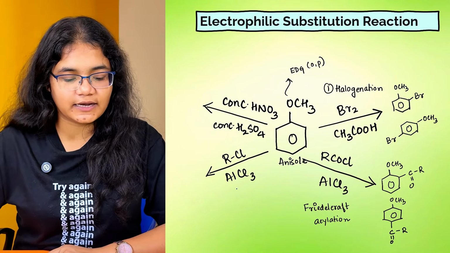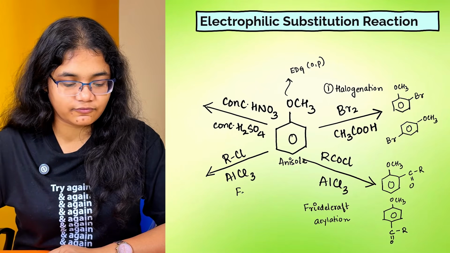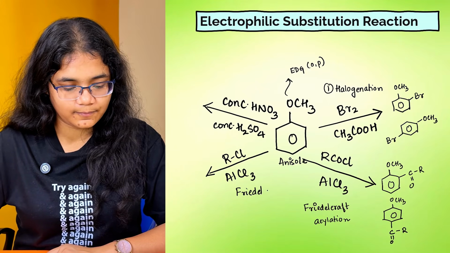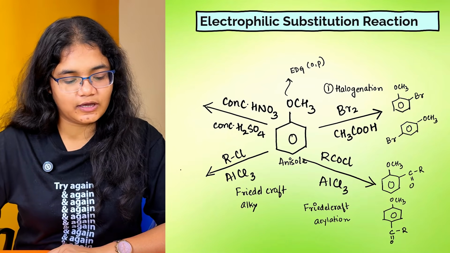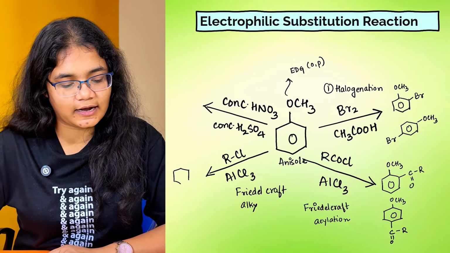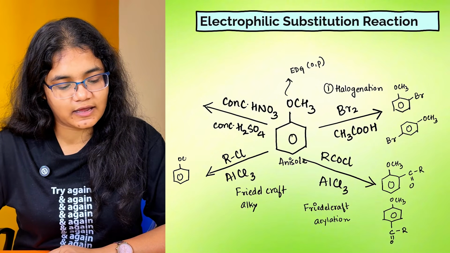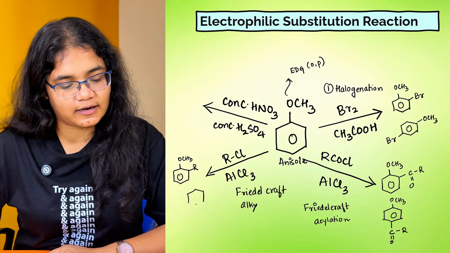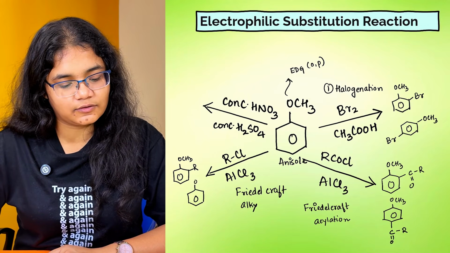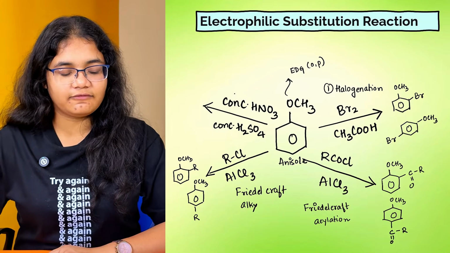Next you have RCl and AlCl3. This is your Friedel-Crafts alkylation, right? So here the products will again form at the ortho and para positions. So you will have OCH3 and here you will have R, and another product is OCH3 and R here. Next we'll have nitration.